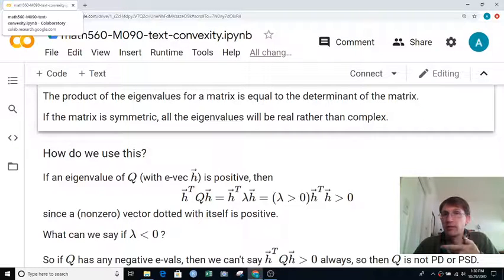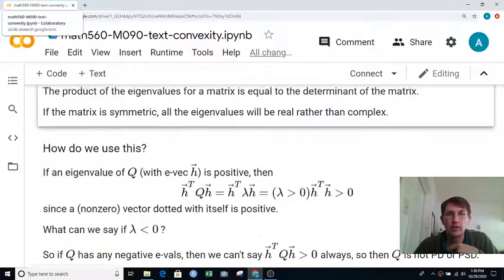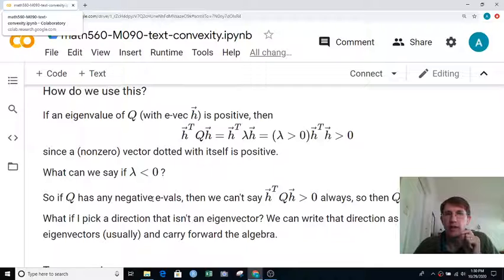What if lambda is negative? Well, then you get a lambda less than 0 here, and you'd always get negative numbers. So if Q has any negative eigenvalues, then this product is not always bigger than 0. So then Q is not positive definite and not positive semi-definite.